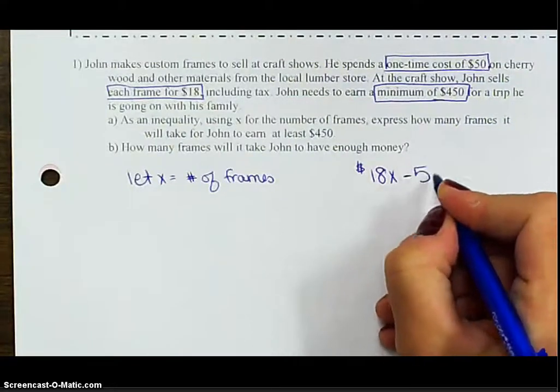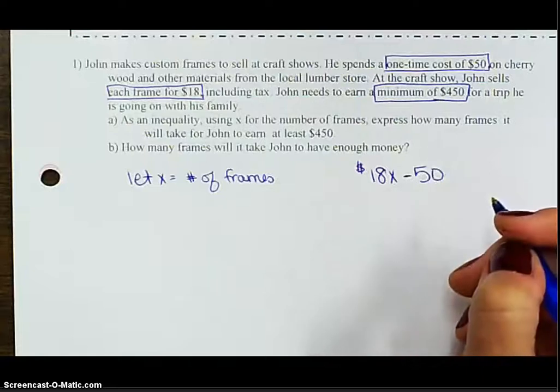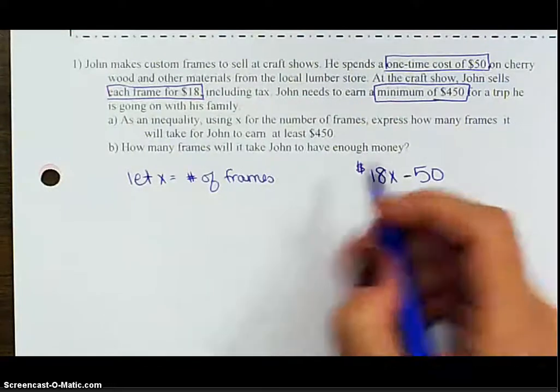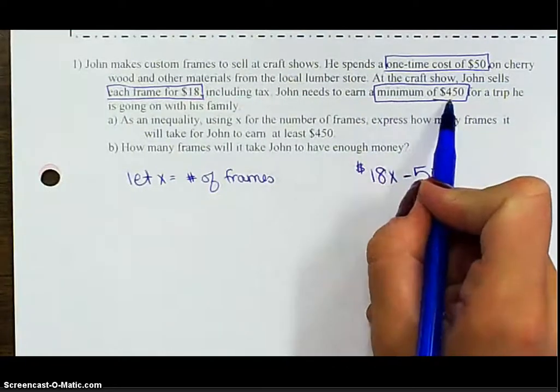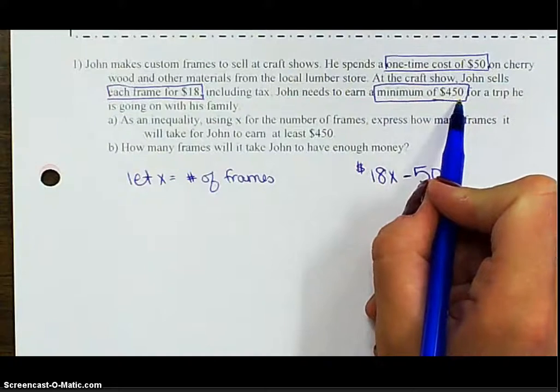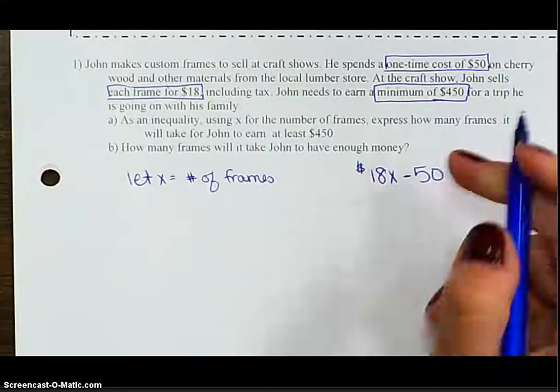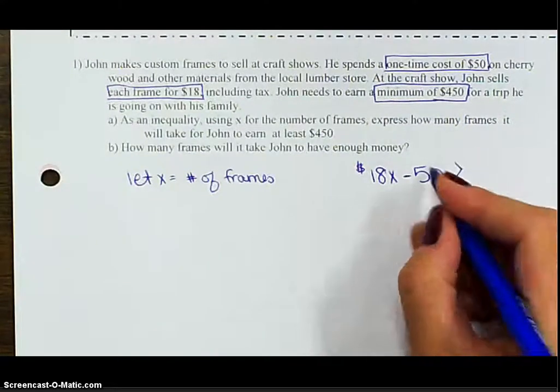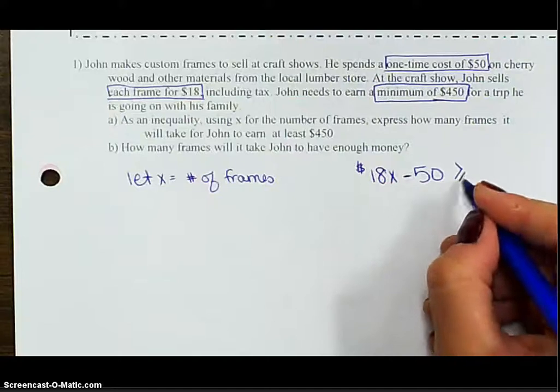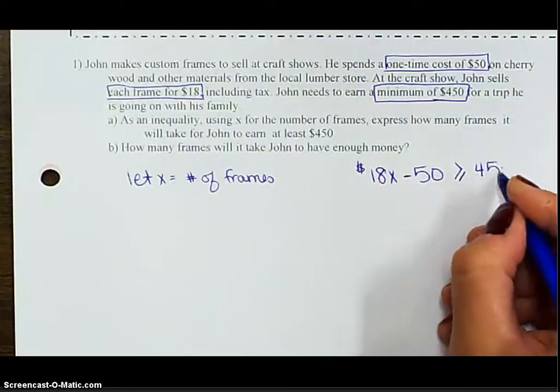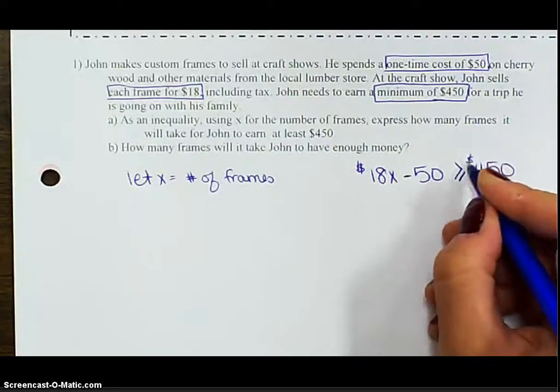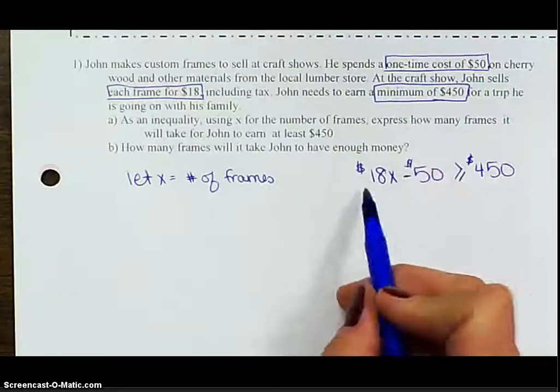That's how much money he owes at the very start. Okay, he wants to make a minimum of $450. That means he has to make this or more. So we want this over here to be more than or equal to $450. Okay, so now we have our inequality.